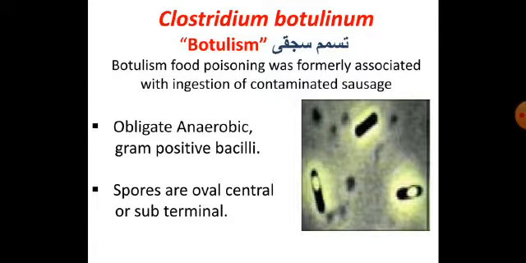Finally, we are going to talk about Clostridium botulinum, which is the causative agent of botulism. Botulism, a food poisoning, was formerly associated with the ingestion of contaminated sausage, hence its name. The bacilli are obligate anaerobes, gram-positive bacilli. Its spores are oval, central, and sometimes subterminal.